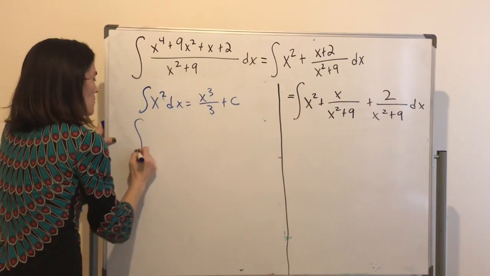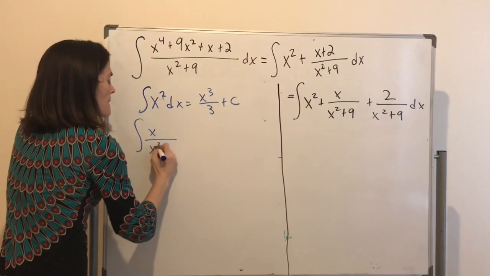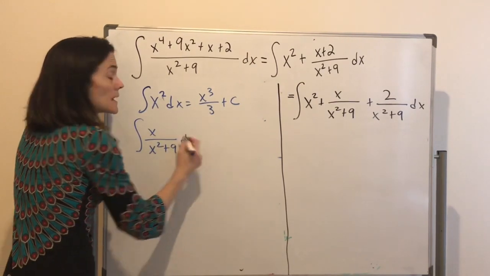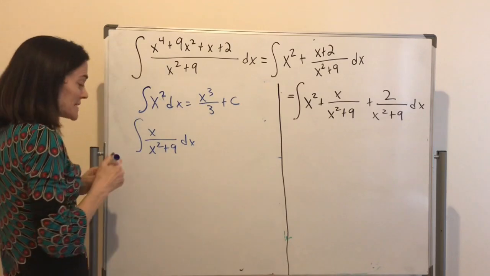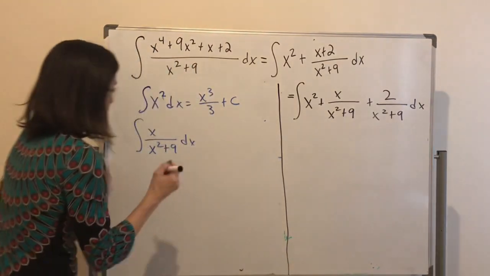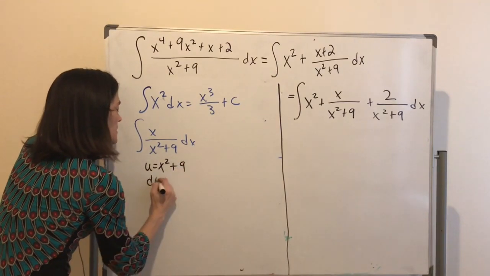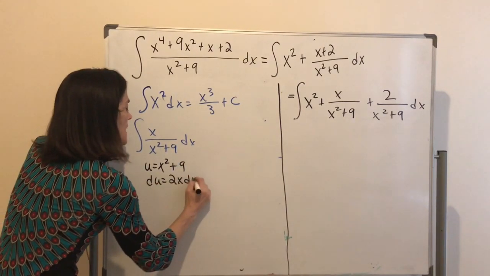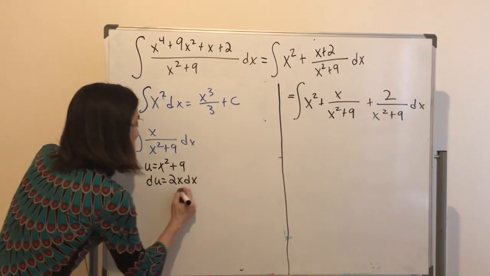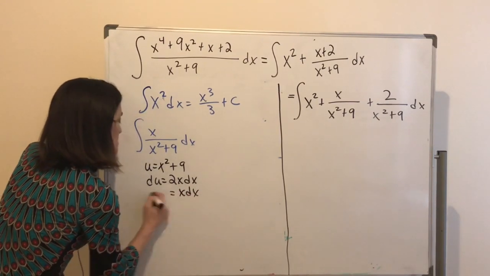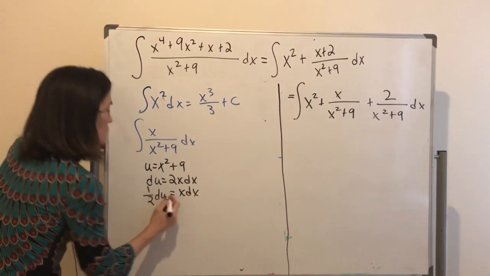This one, substitution, okay? We see u is x squared plus 9, du is 2x dx. We have x dx, which is 1/2 du, okay?